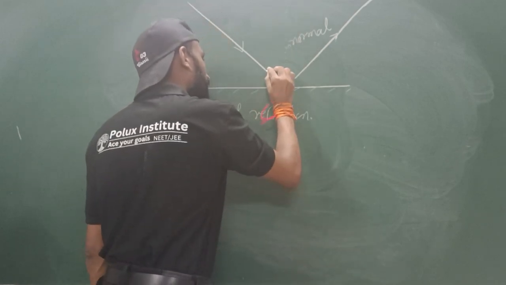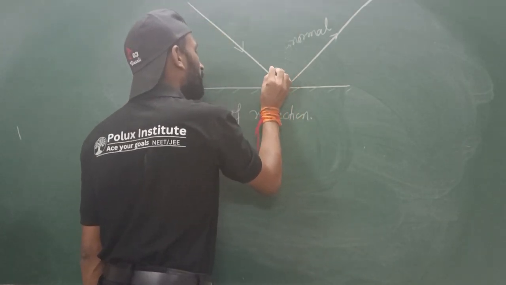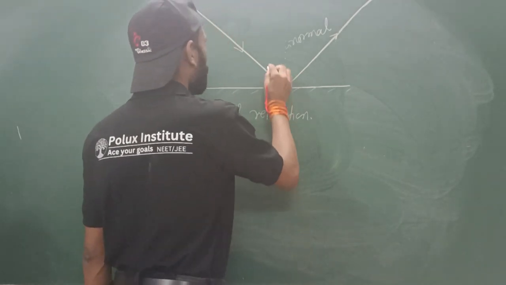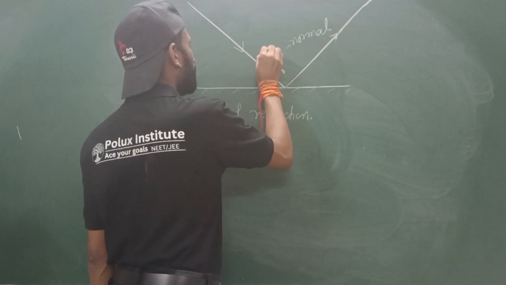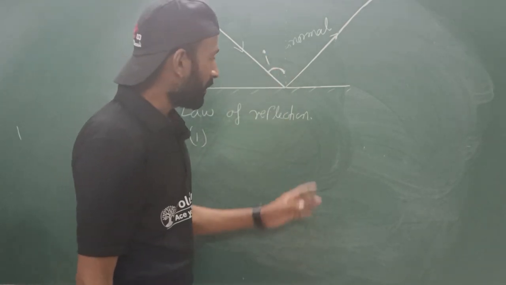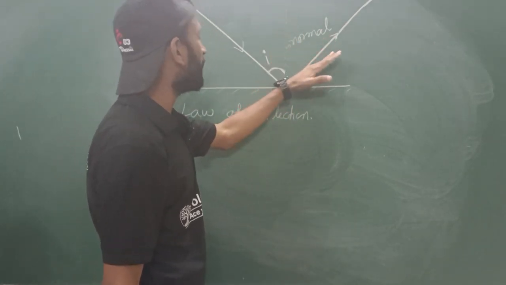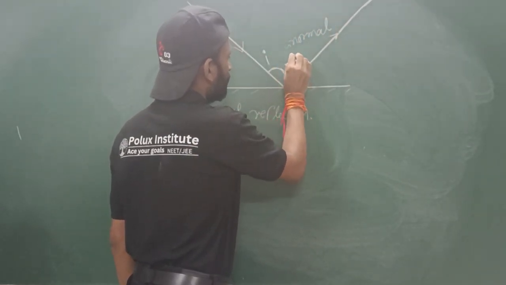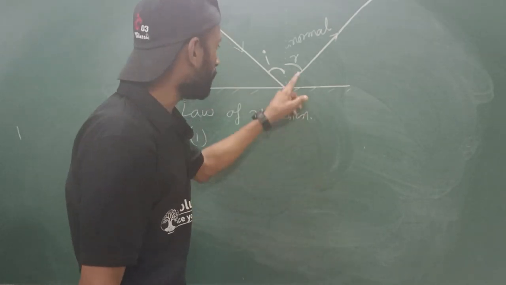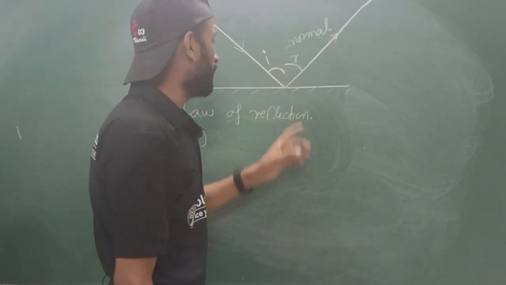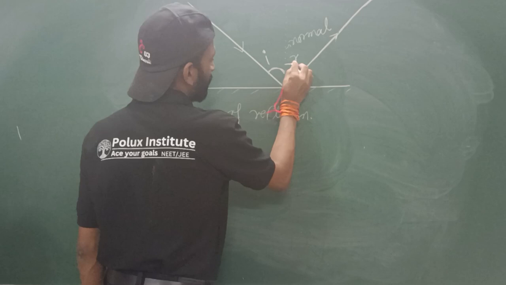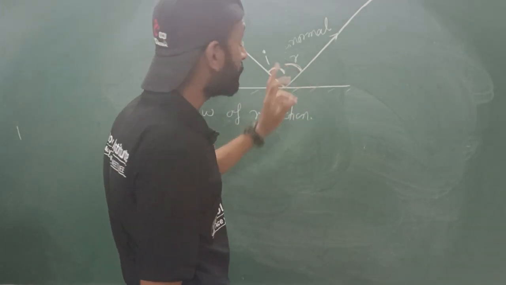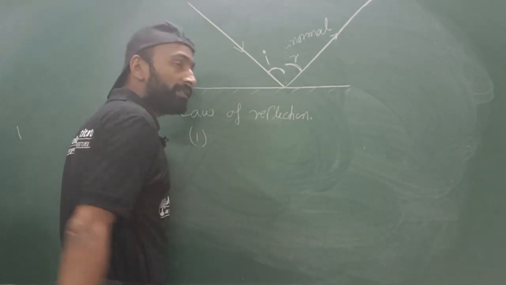The angle made by the incident ray and normal is called the incident angle, represented by I. And the angle made by the reflected ray and normal is called R, the angle of reflection.